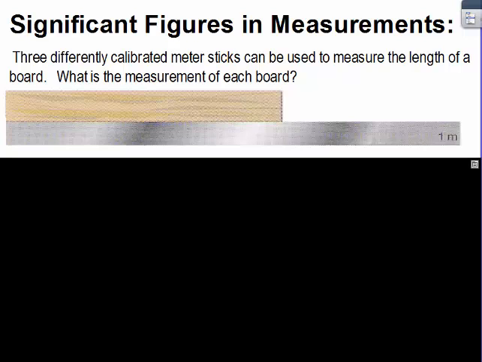We have a board and 3 differently calibrated meter sticks, which we can use to measure the length of this board. If I was to measure the length of the board with this first meter stick, I know that at the end it's a meter. It looks like it's more than half of a meter, but I'm not sure how much. So maybe 0.6 meters, maybe 0.7 meters.